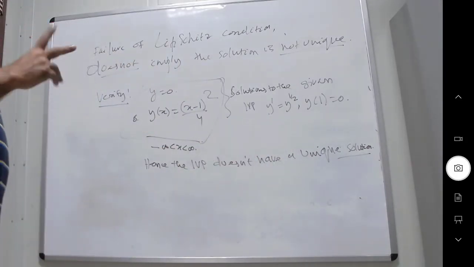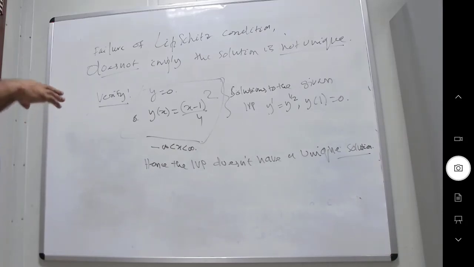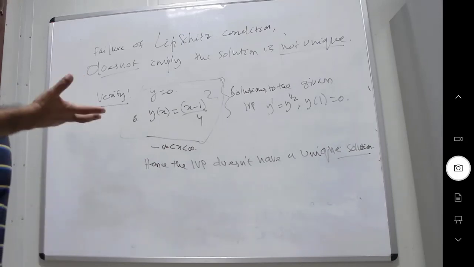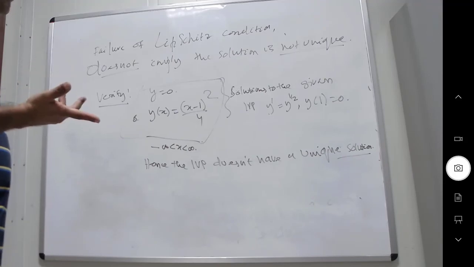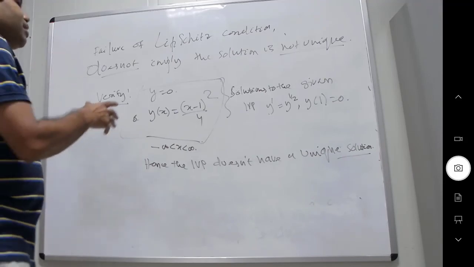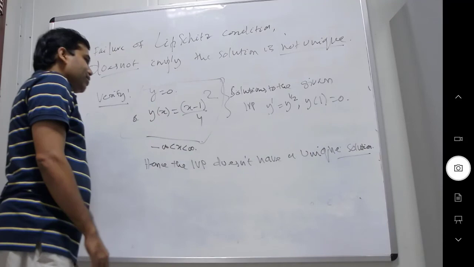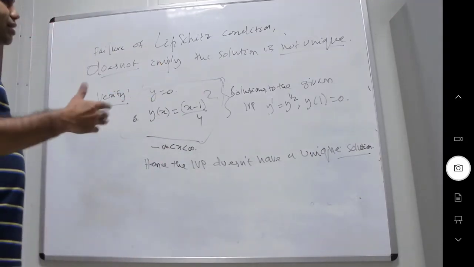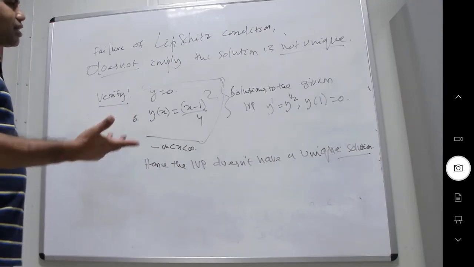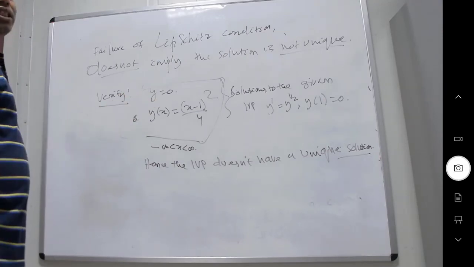So what we have seen so far is a sufficient condition: if the condition is satisfied, then you can tell uniqueness. If the condition does not hold, that doesn't mean that the equation doesn't have a unique solution. So you have to verify it by different considerations.